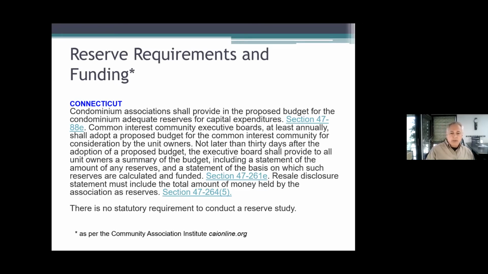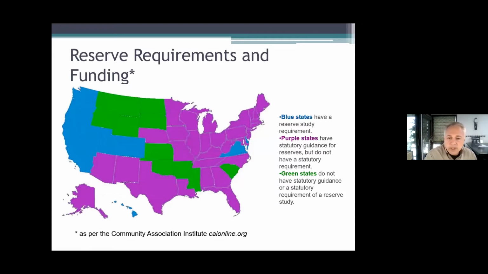There are some recommendations that Connecticut has, but it does not say you must have a reserve study. When you look across the country, it's only the blue states here that have a reserve study requirement. All the purple ones are similar to Connecticut, saying it's a good idea to have one. The green states make no mention of it at all. There's nothing.